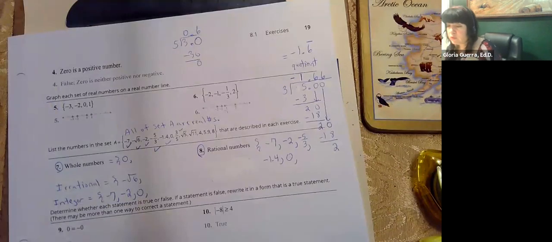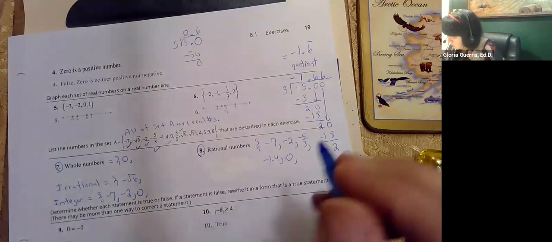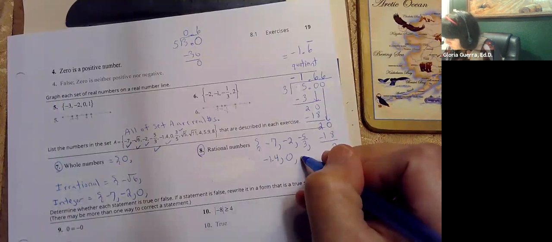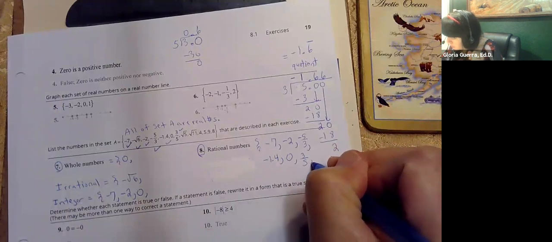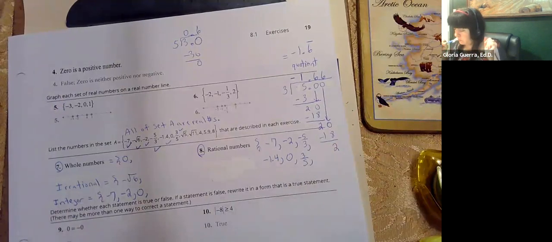So I'm going to put that under rational, the equivalent of 3/5. But then that's it. You can't classify it as anything else. It's a real number and then rational.